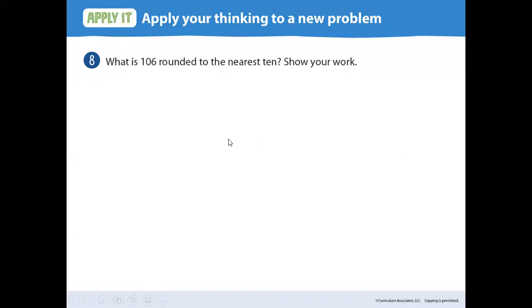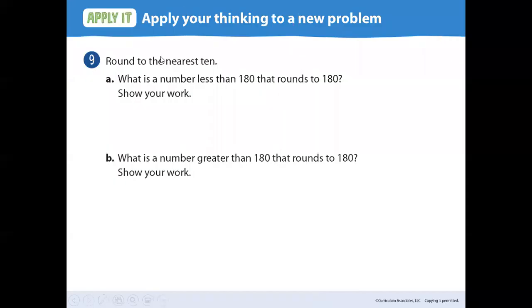The next question you will do, what is 106 rounded to the nearest 10? Show your work either using a hundreds chart, the base 10 blocks, or a number line. Question 9. Round to the nearest 10. What is a number less than 180 that rounds to 180? Our next question.